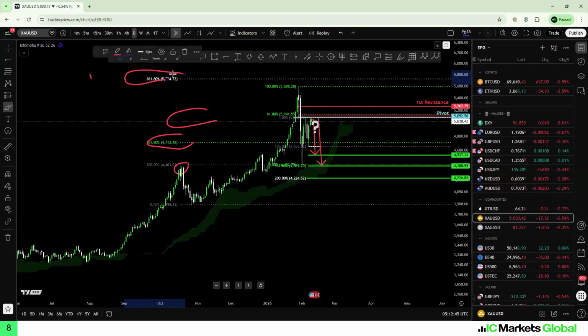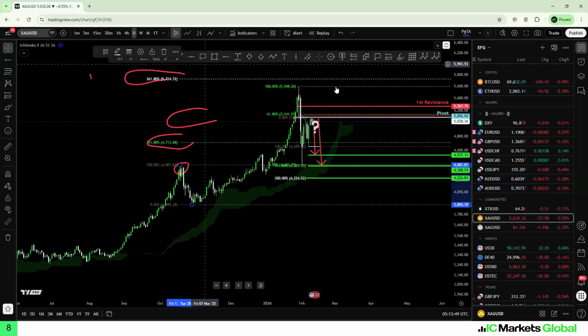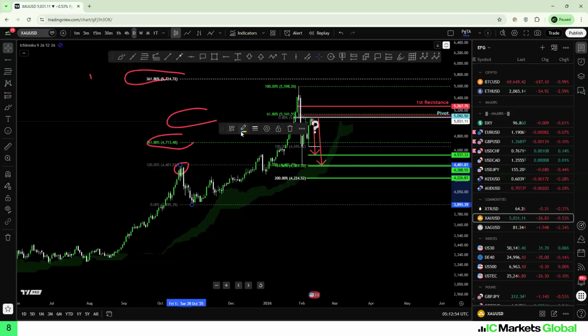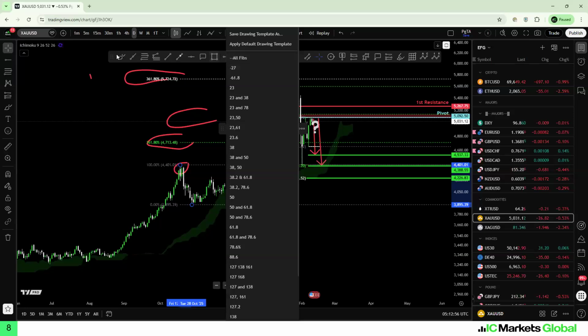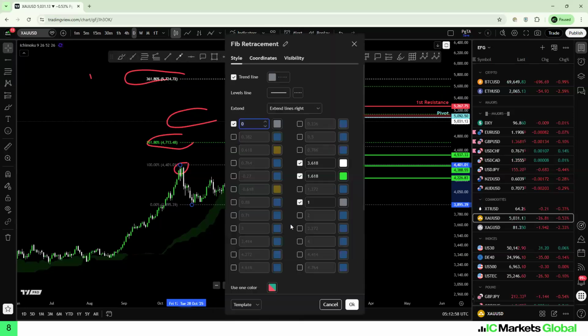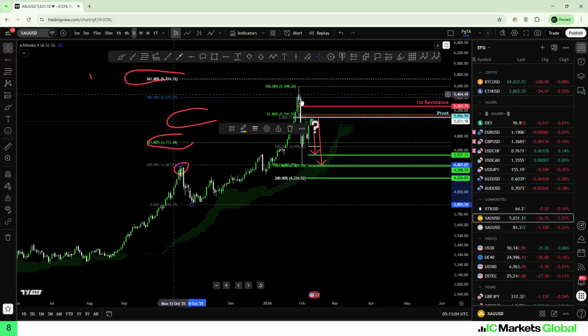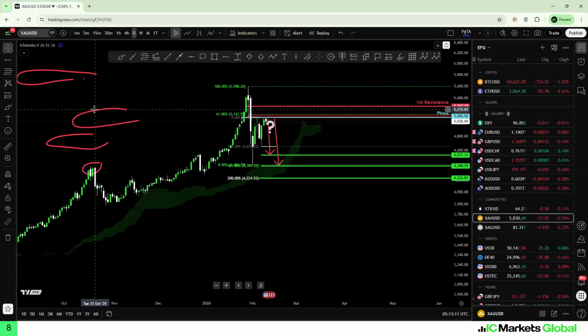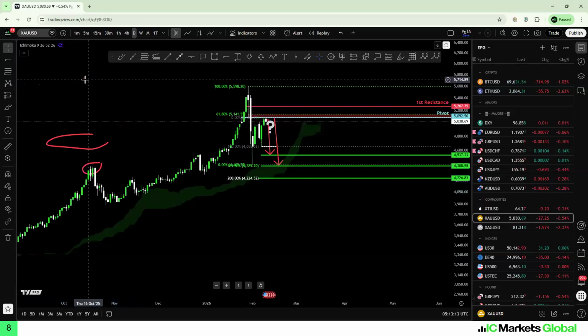Let's say I'm going to add another 300, which is here. Price slightly closed above and now goes below the 300% extension. But this is how we use the extension for the trending market.